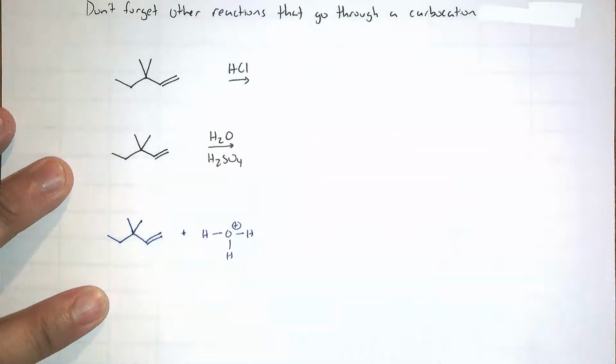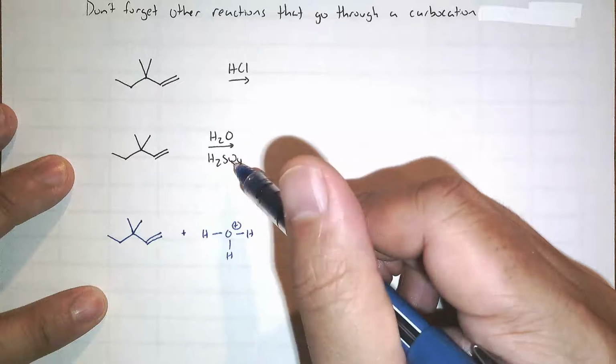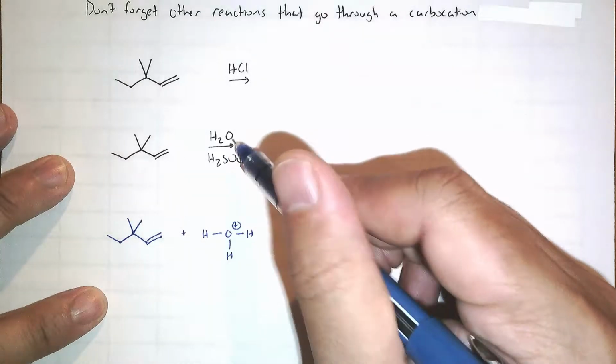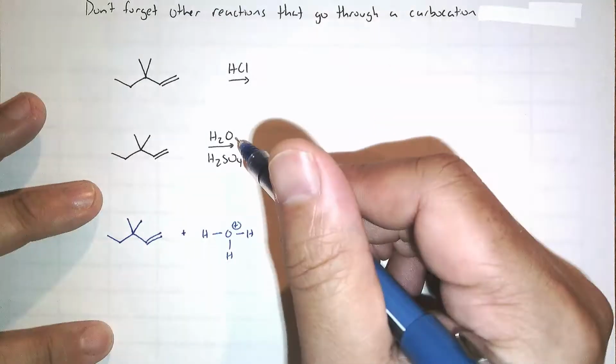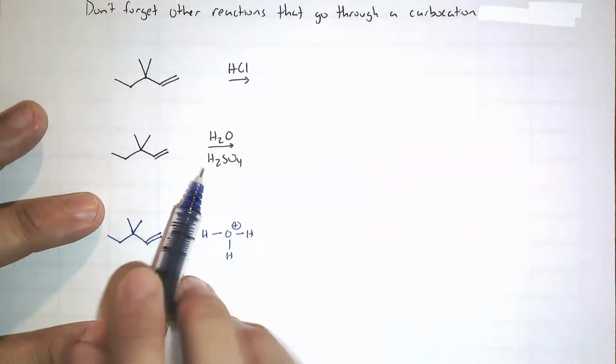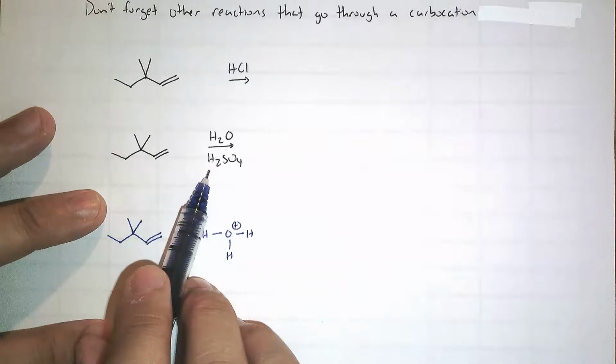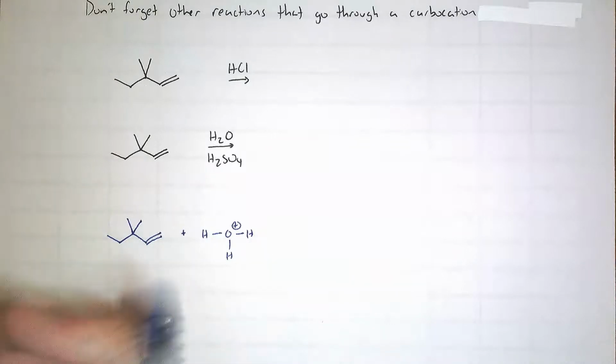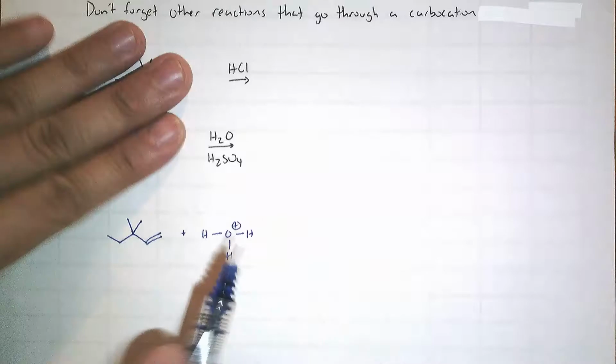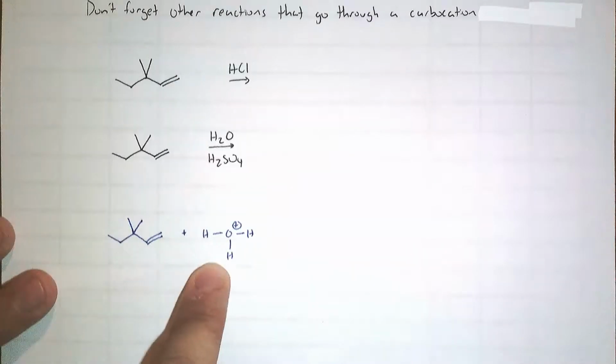Because in real life, when you mix a little bit of sulfuric acid in water, water's a solvent, this is a strong acid, so each molecule of this is going to lose one proton. And really, the acid you really have, once you mix these two, is this. The water will pick up a proton from sulfuric acid.